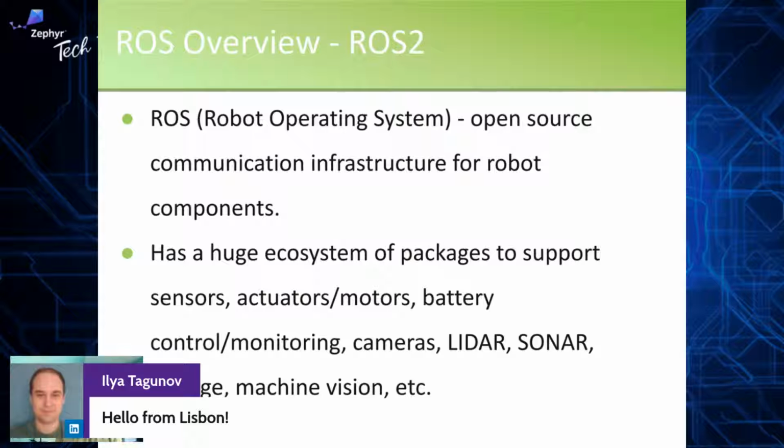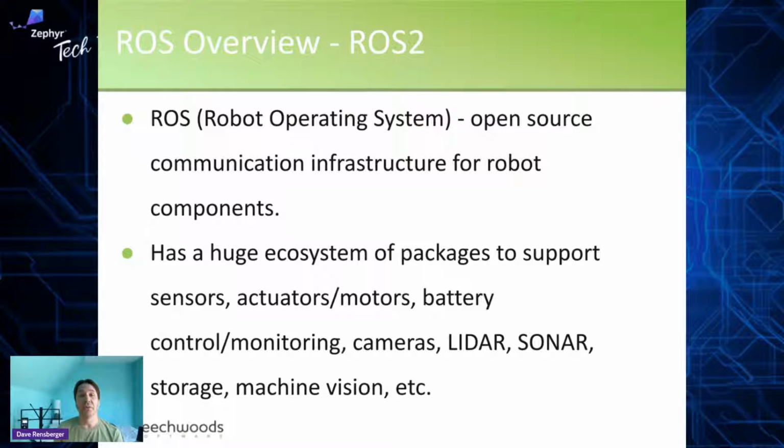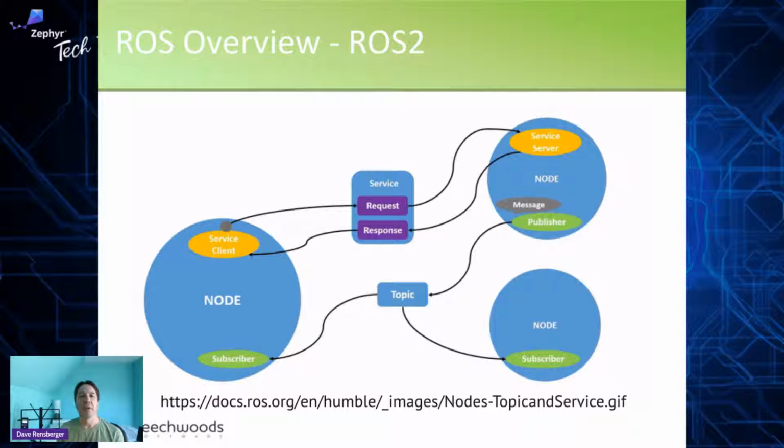What makes it really specialized for robots is that it has a huge ecosystem of packages to support all sorts of robot components: sensors, actuators, motors, battery, control, LiDAR, sonar. There are about 2,000 packages out there, so it has lots of support, and it's become a kind of standard in the robot world.